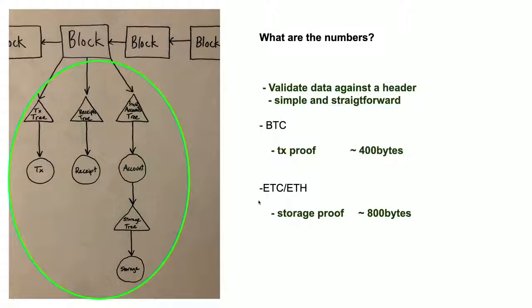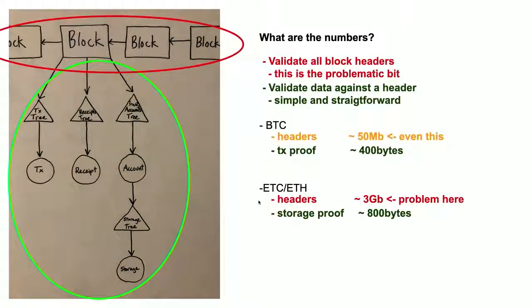So let's look at the numbers. Just the actual Merkle inclusion proof part is super small, 400 bytes on Bitcoin and maybe 800 bytes on Ethereum, depending on exactly what you're looking at. But the real problem, again, is those headers.